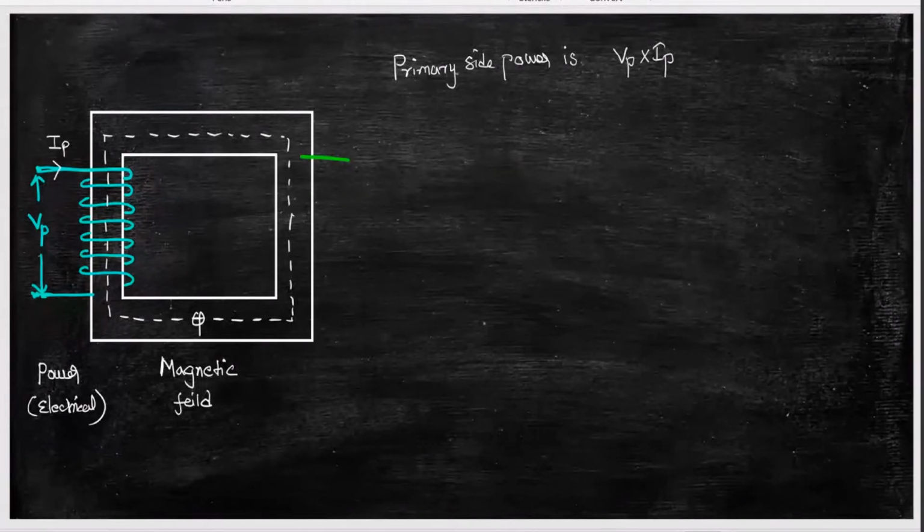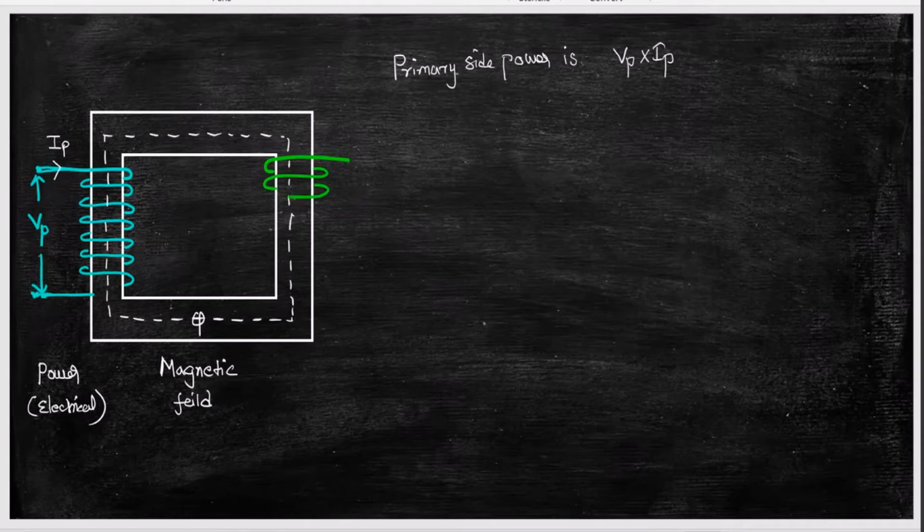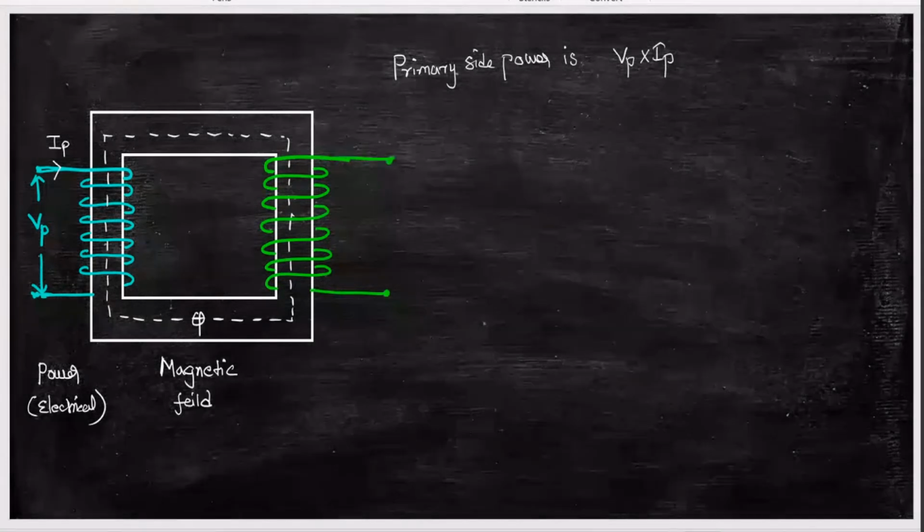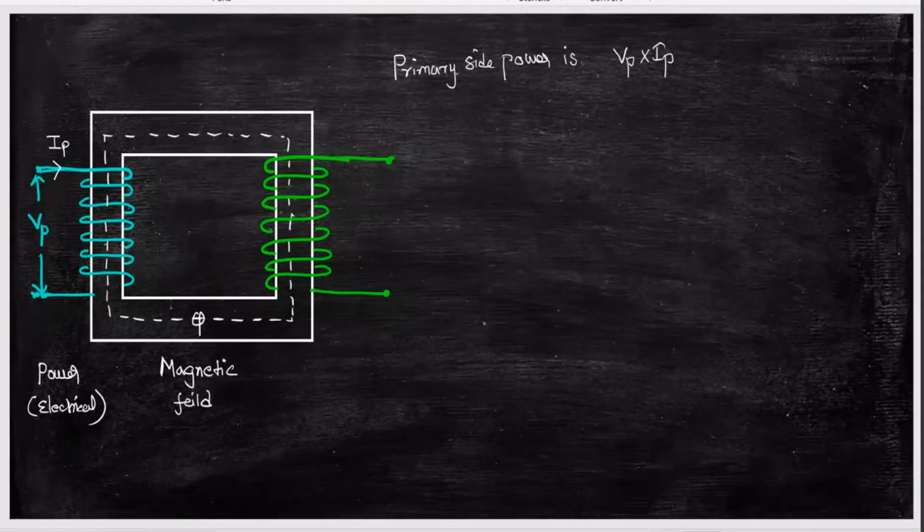You are again winding a winding on the secondary side with N2 number of turns. Now this flux links with these conductors and EMF E2 is induced.